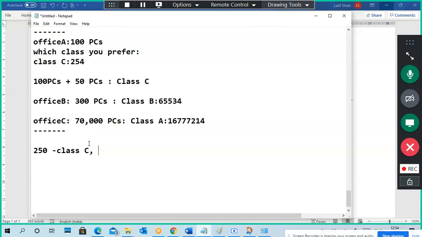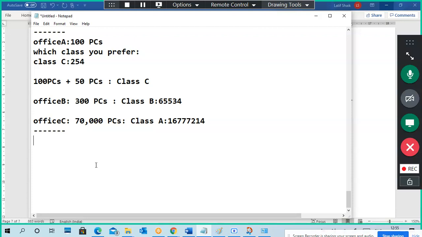Then instead of changing the entire network, with totally 260 IP addresses planning, to avoid that kind of confusion, it is better to put it in class B directly. We already have 250, and there is a possibility of adding 10 or 20 PCs extra, so definitely class B is the better one. But it is under the class C range only.